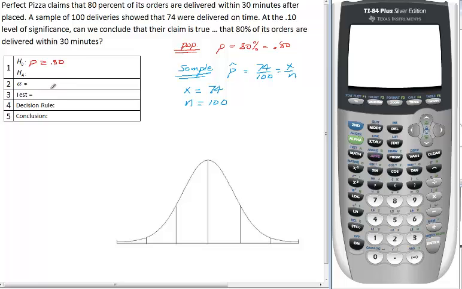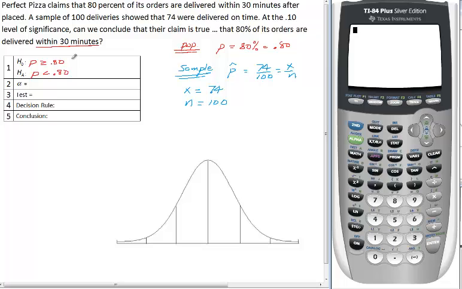In other words, that 80% are delivered within 30 minutes, right? So we're staying with the status quo for null hypothesis. And also we're known within 30 minutes here gives us the alternate hypothesis, which is P less than 80%. Okay, so there's the null and alternate hypothesis.